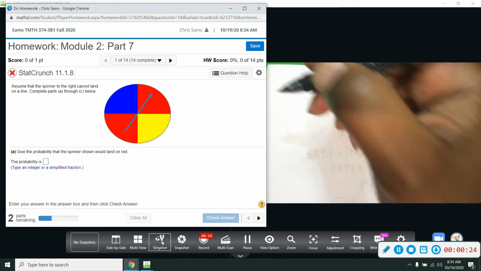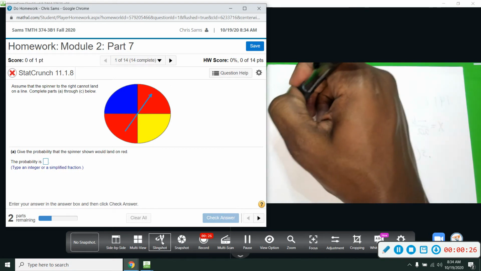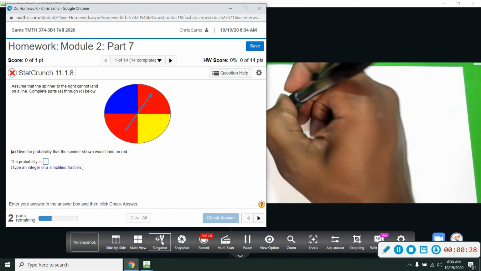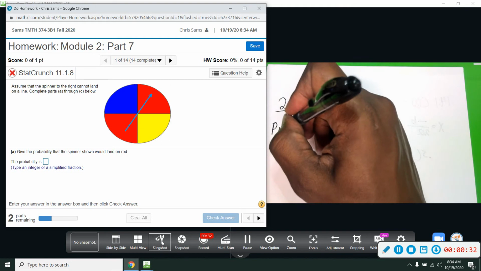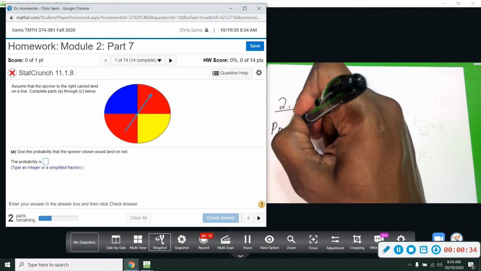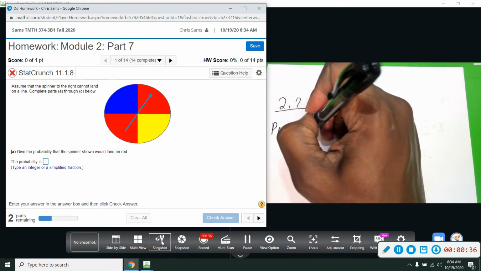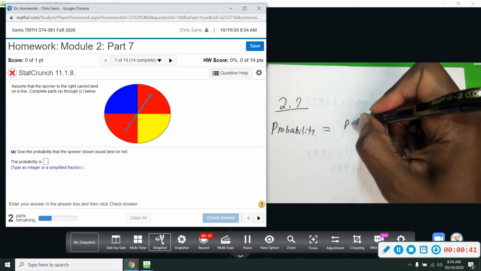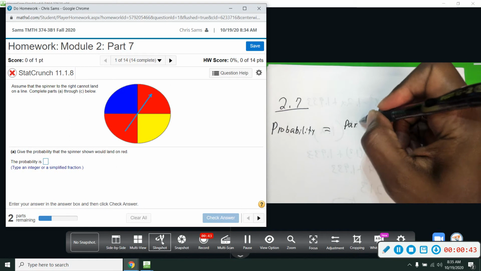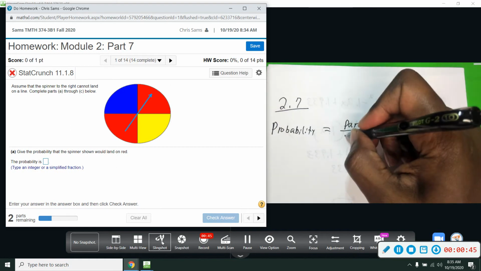Okay, so when we're doing probability, we need to know the part over the whole. Okay, so probability is the part over the whole.